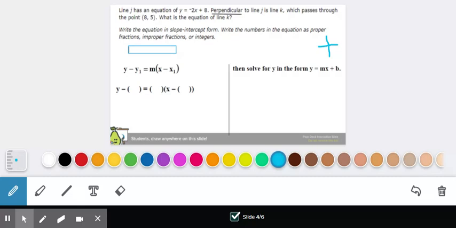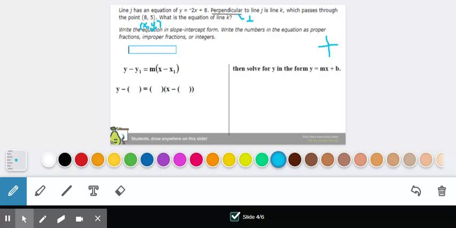I know that (8, 5) gives me an x1 and a y1. The word perpendicular means I'm going to have to put my slope down, flip it, and reverse it.